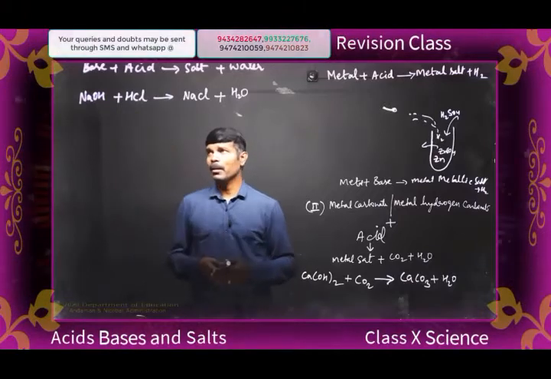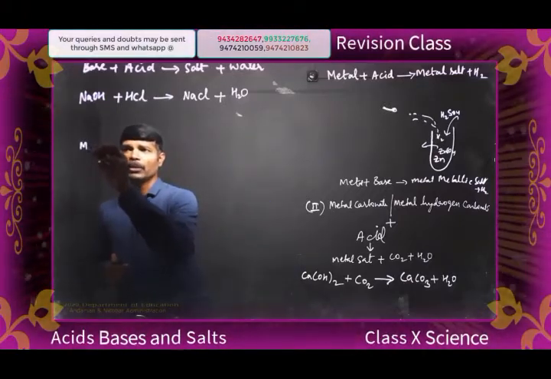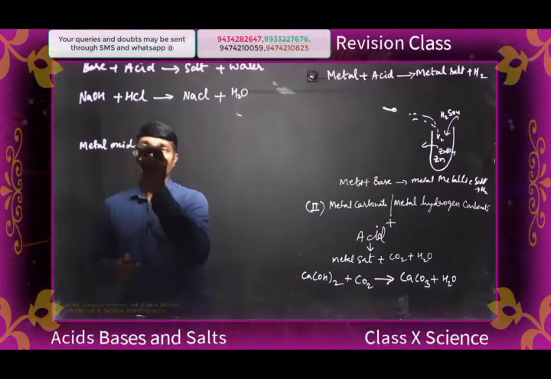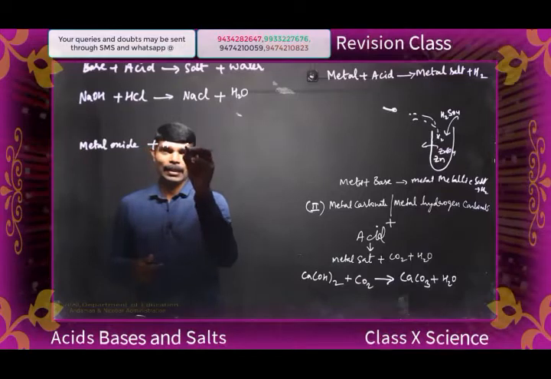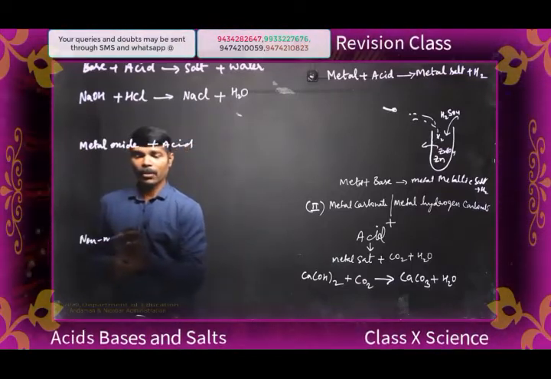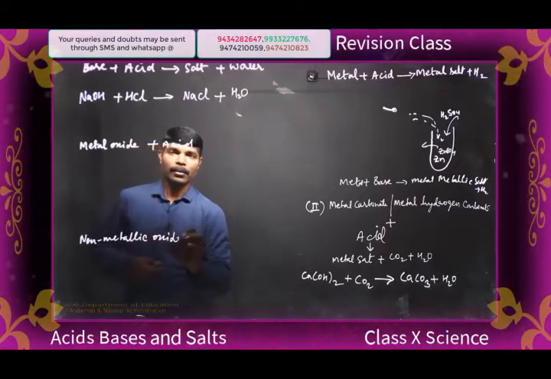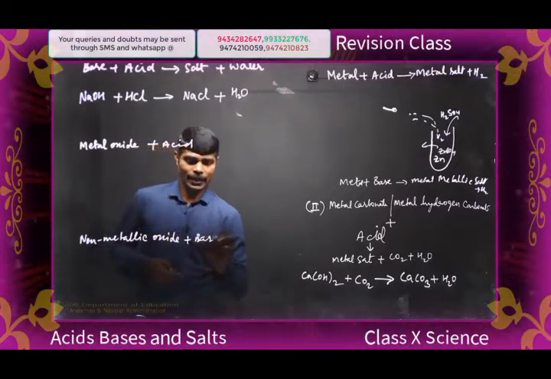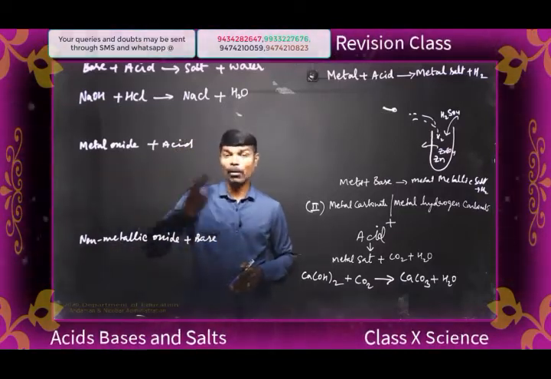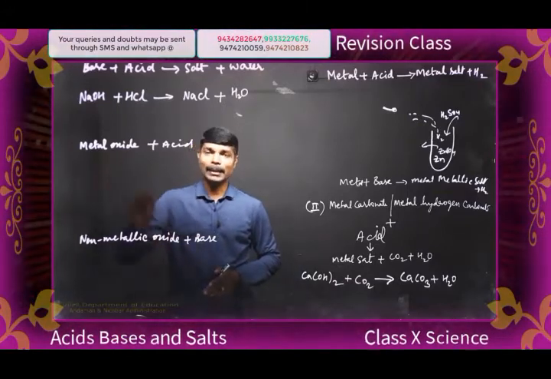Likewise, similar other chemical reactions we have to see, that is what happens when metal oxide reacts with acid, and then what happens when non-metallic oxide reacts with base. You see here, metallic oxide always reacts with acid, not with base, because metal oxide is basic in nature.